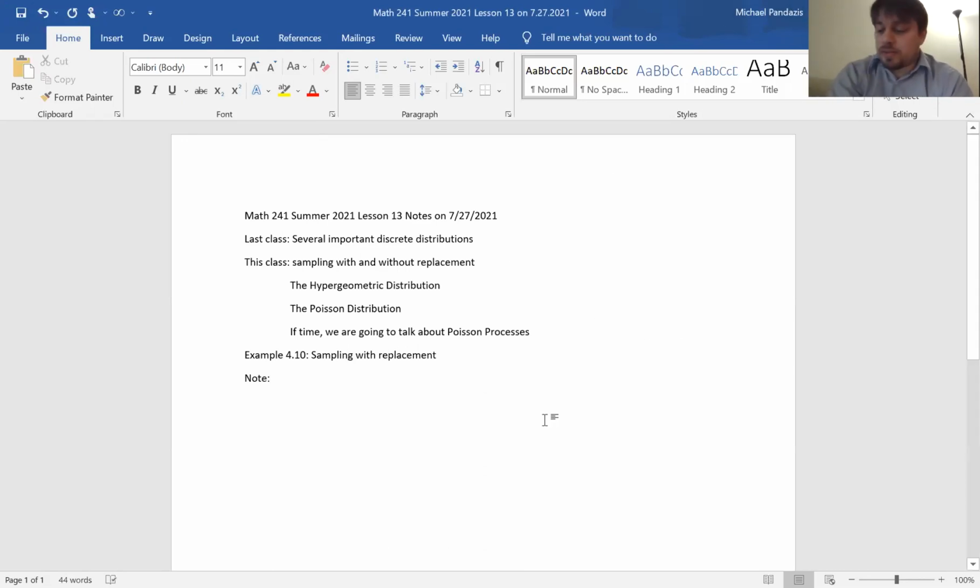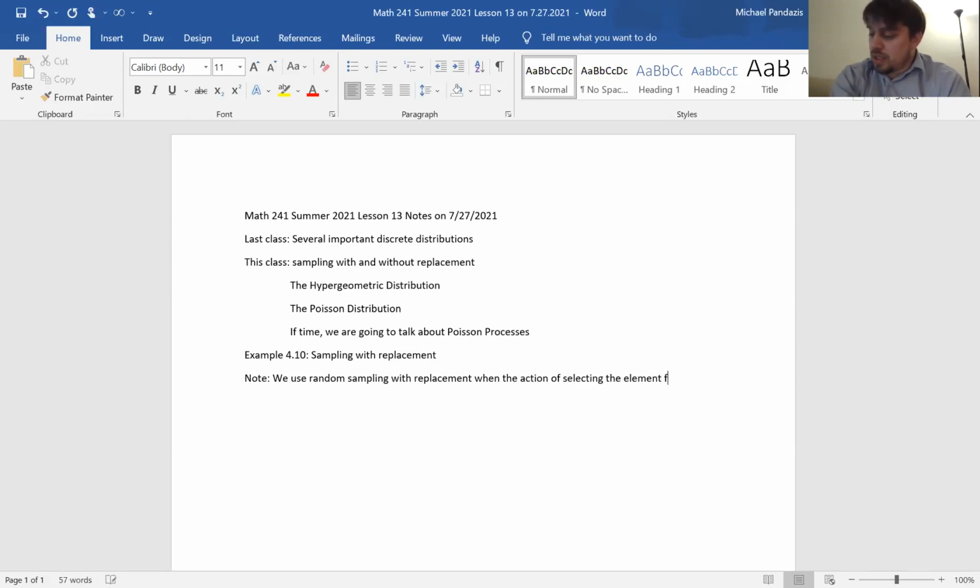Okay, note. We use random sampling with replacement when the action of selecting the element at random from the set is repeated n times under the condition that each element in the set has equal probability of being selected.